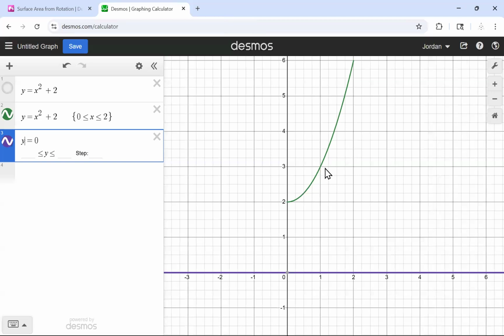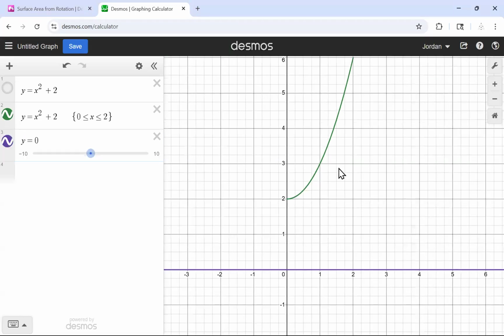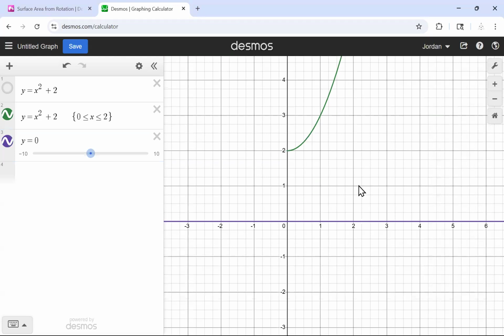All right, so we don't have to draw anything new. We have our section of curve. Now we rotate it around the x-axis, so the line y equals 0. And the radius is going to be from the curve down to the x-axis.